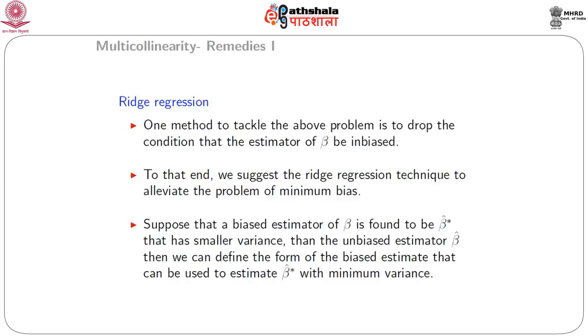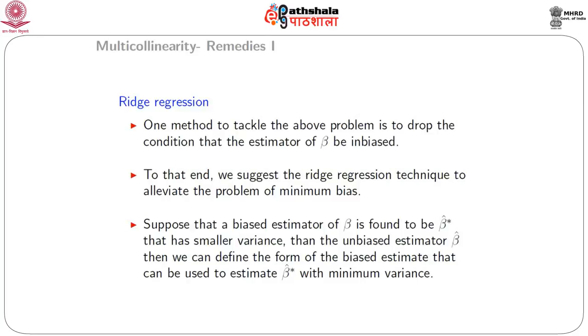Now, suppose that a biased estimator of beta is found to be beta hat star and that it has a smaller variance than the unbiased estimator beta hat. Then we can define the form of the biased estimate that can be used to estimate beta with minimum variance.